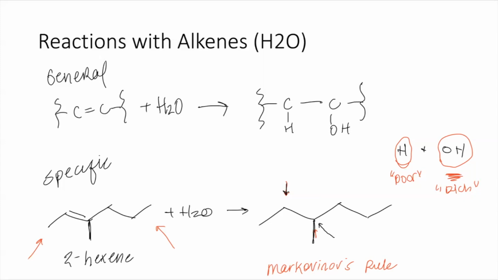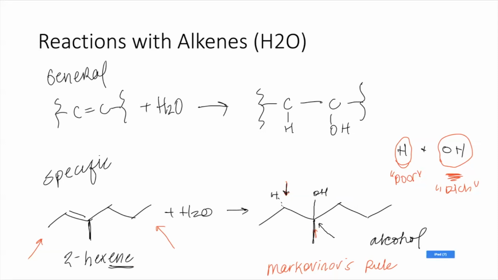So if there's a choice, we want to put the rich group on the already rich group. The rich get richer and the poor get poorer. All right. And so that ends up giving us an alcohol, so we went from an alkene to now an alcohol.